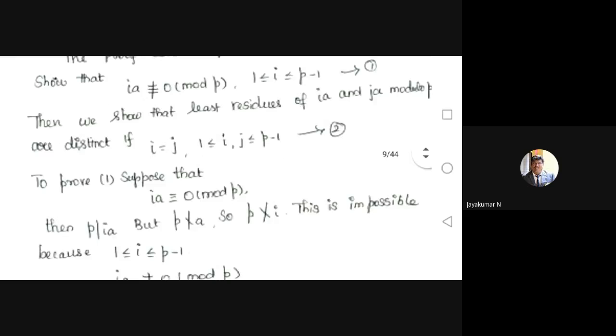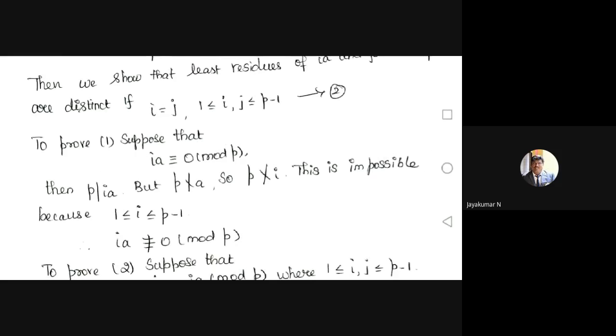Which means p divides ia. ia is congruent to 0 mod p means when ia is divided by p, you get the remainder 0, which means ia is divisible by p. That's why we are able to write p divides ia. p divides ia means p divides i or p divides a.